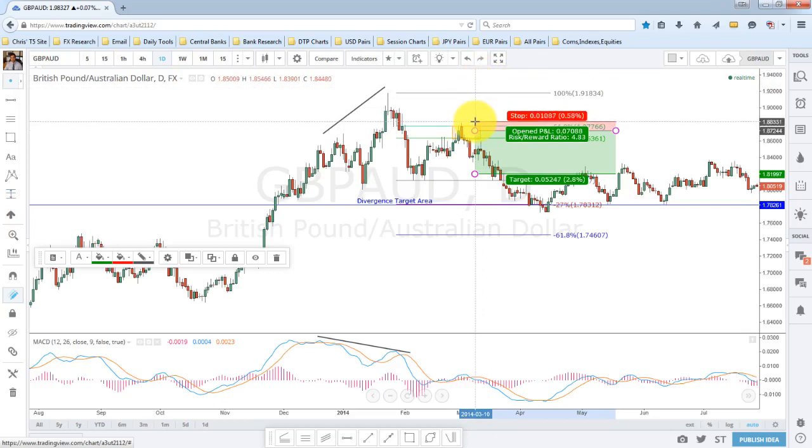Stop just above that area right there, and then targeting down here near this extension would give us something around a 9-to-1 reward to risk ratio, maybe using a 100 pip stop or even a little bit less, instead of using a 520 pip stop.